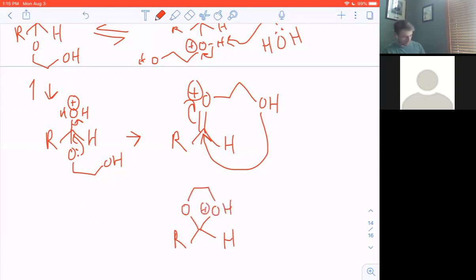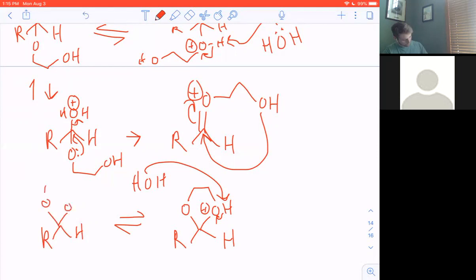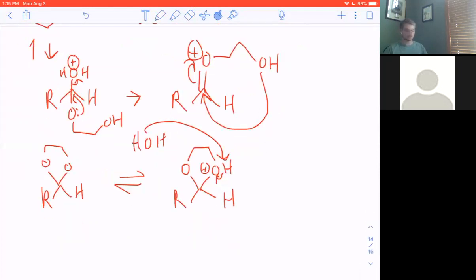It's still positively charged now. All that's going to happen is water will come in, remove that hydrogen, and what you're going to have then is your protected group. And there you go. So there's that acetal formation.